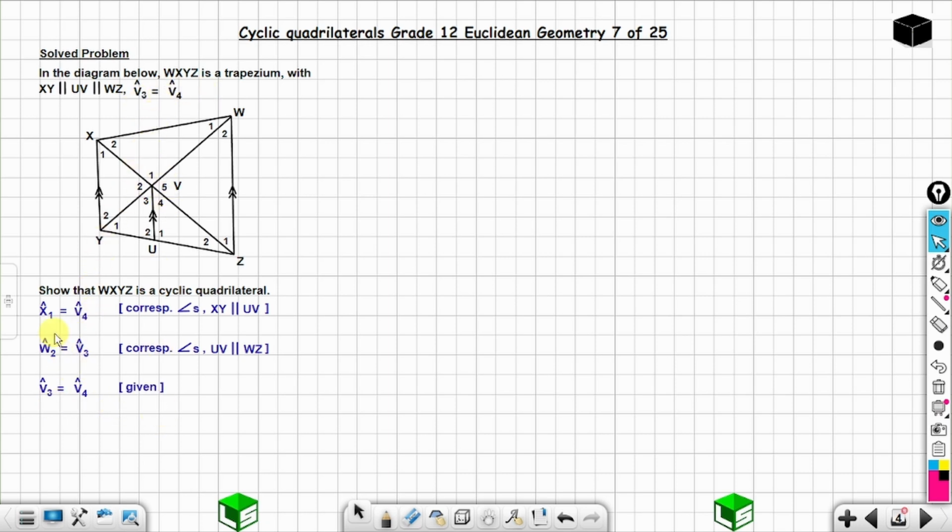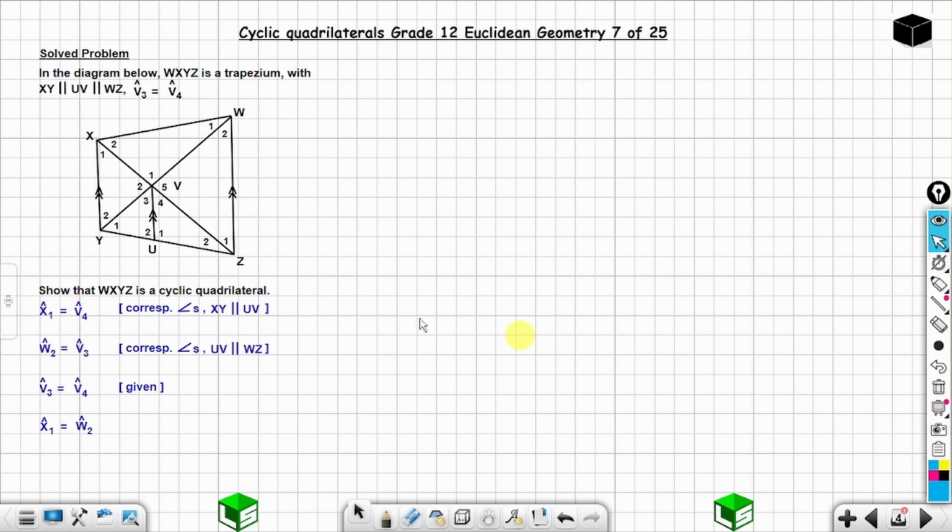So, can you see the angle x1 is equal to the angle V4 and the angle W2 is equal to the angle V3. The two angles are equal to each other. Automatically, the angle x1 is equal to the angle W2, because the two angles are equal to each other.